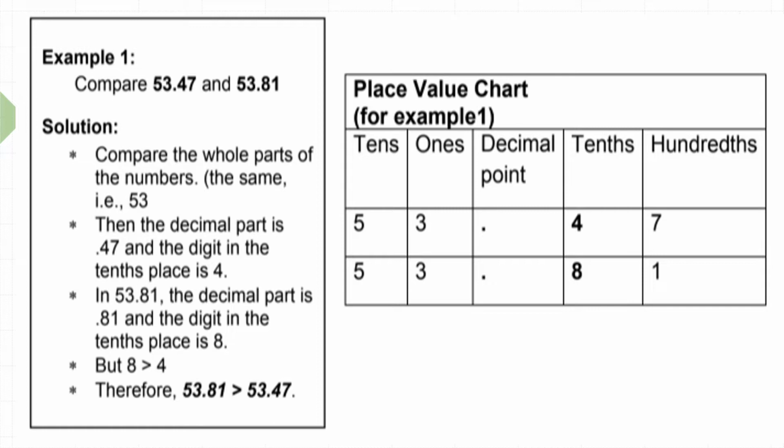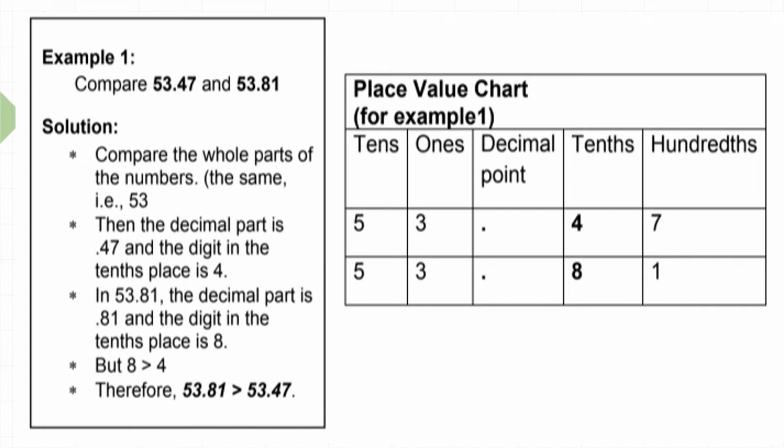By comparing, we already know that the tens and ones are the same. So let us proceed to the tenths place value, that is after the decimal point. We have 4 and 8. What is the biggest number? Is it 8 or 4? Of course, that is 8.